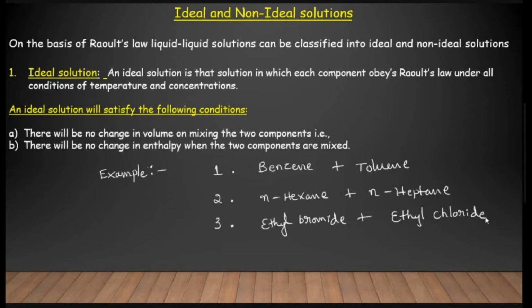Fourth one, chlorobenzene and bromobenzene. So you can consider these as examples of ideal solutions, and if it is asked in the exam, you can give these examples. Okay, next, we will move further.